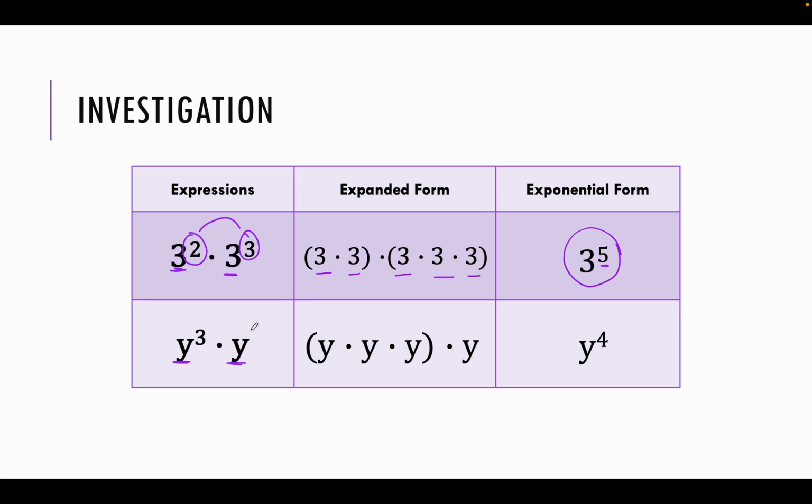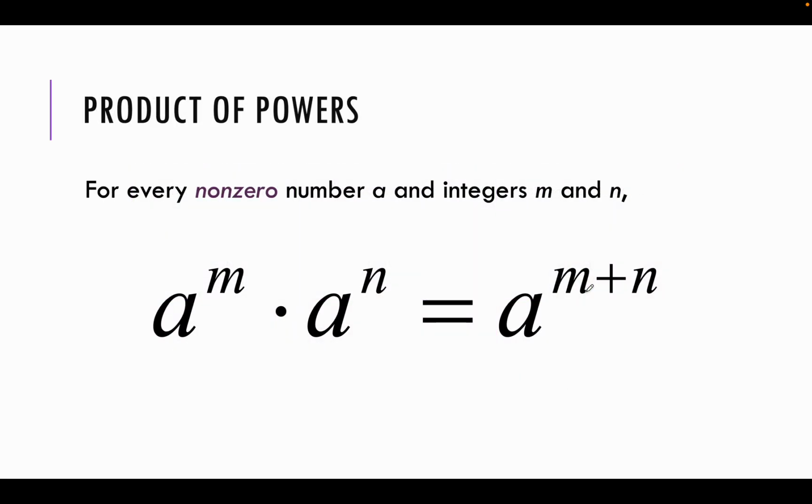Keeping in mind for the second one that y has a power of 1, so 3 plus 1 equals 4. That saves us the time of expanding that all the way out and gives us a little shortcut to get to our answer. That brings us to our first property, the product of powers.